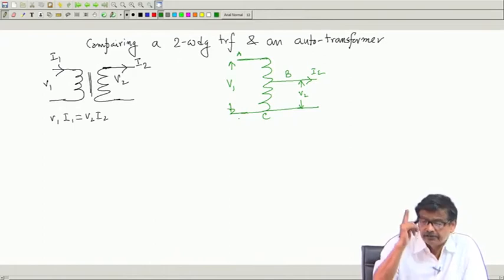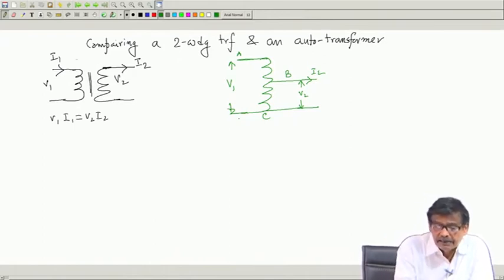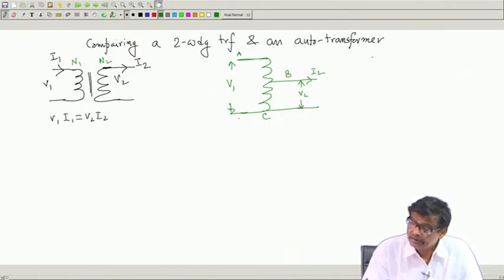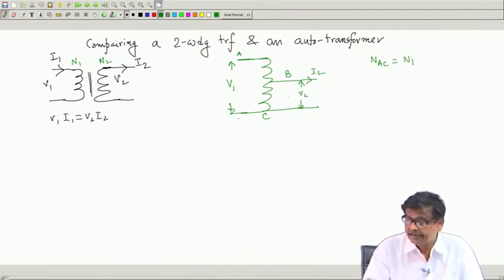So how can the flux in the core be the same? If this is N1 turns, this is N2 turns, then I will demand that N_AC is equal to N1 and N_BC here is equal to N2, is it not?